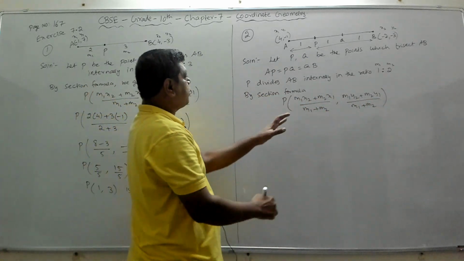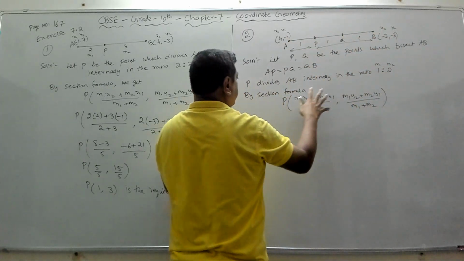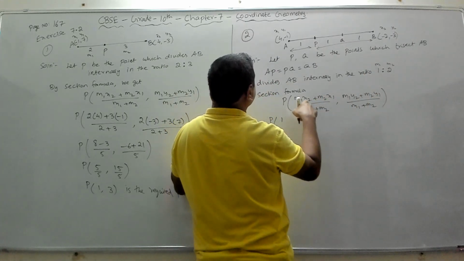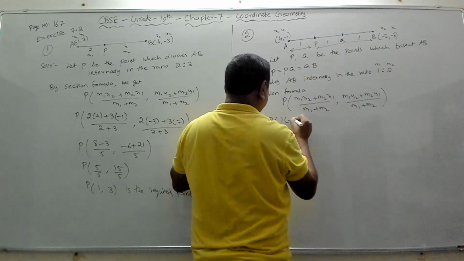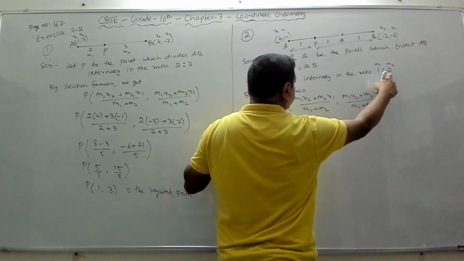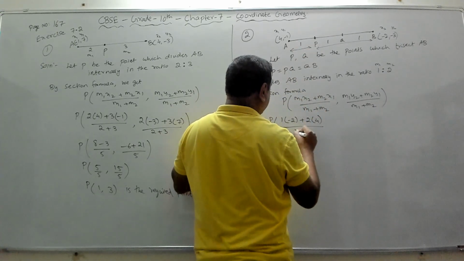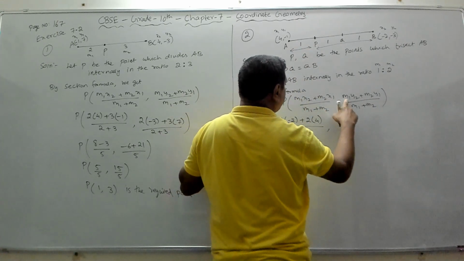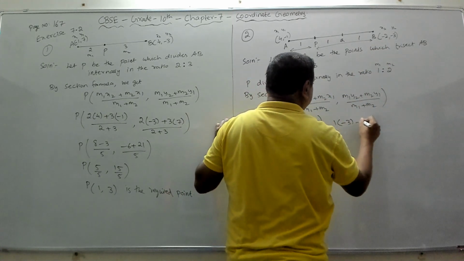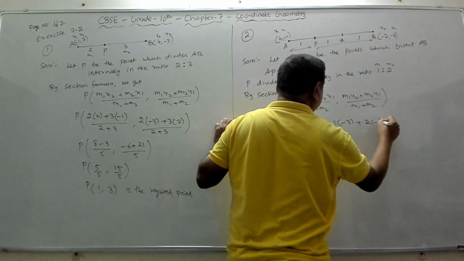Now we will substitute the values of x1, y1, x2, y2, M1, M2 in this to get the point P. So P is M1, which is 1, into x2, which is minus 2, plus M2, which is 2, into x1, which is 4, by 1 plus 2, comma, 1 into y2, which is minus 3, plus 2 into y1, which is minus 1, by 1 plus 2.